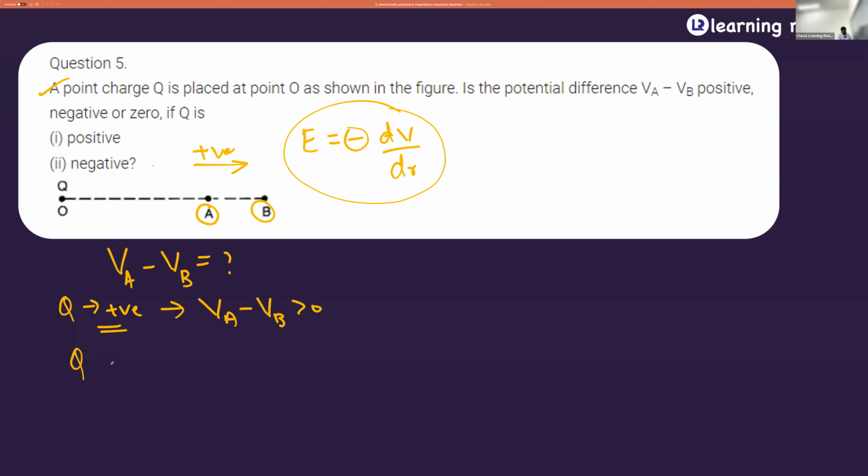So when Q is negative, what would have happened? This would have been the direction of electric field when it is negative. So what will happen here? Will be less than 0. Okay.